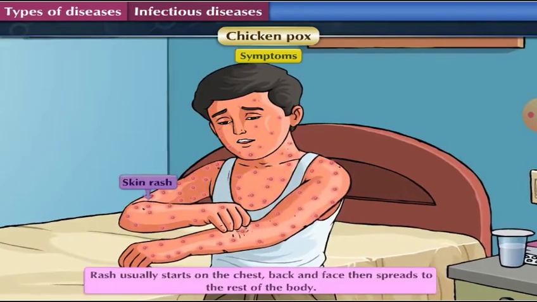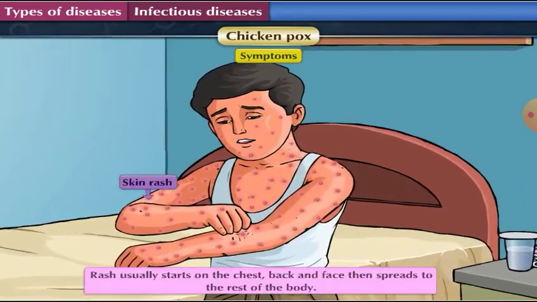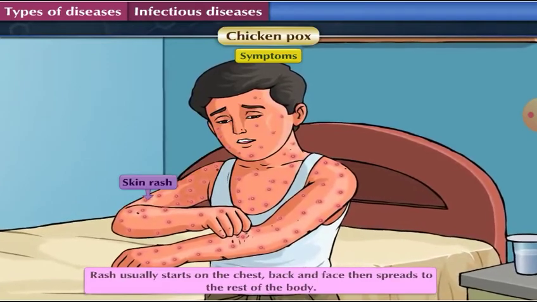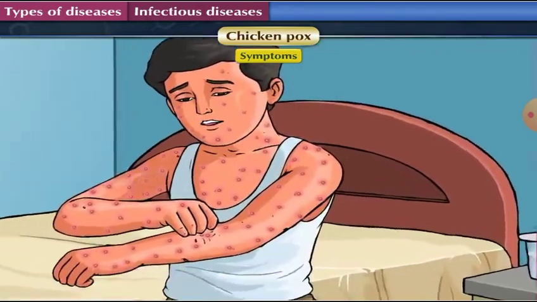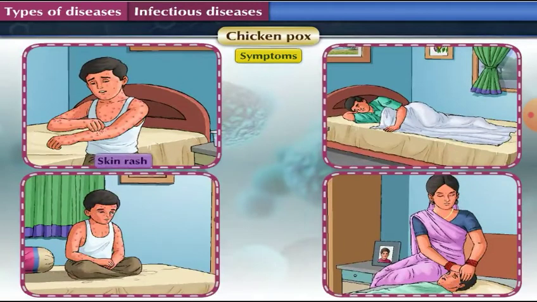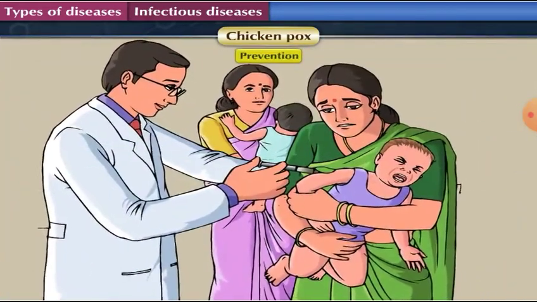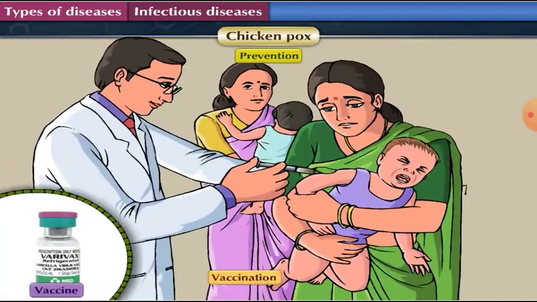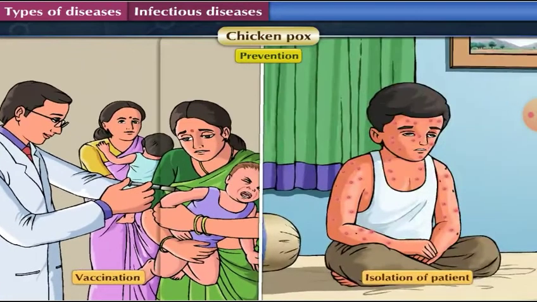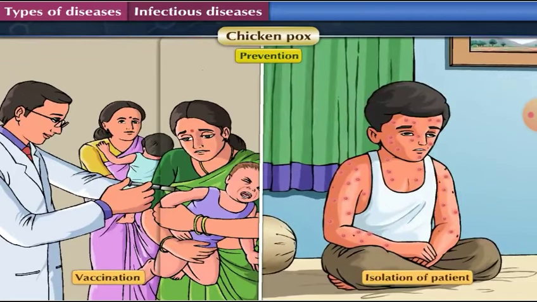The rash usually starts on the chest, back, and face, then spreads to the rest of the body. Other symptoms of chickenpox include fever, tiredness, and headaches. The spread of this infection can be prevented by vaccination and isolating the affected individuals.